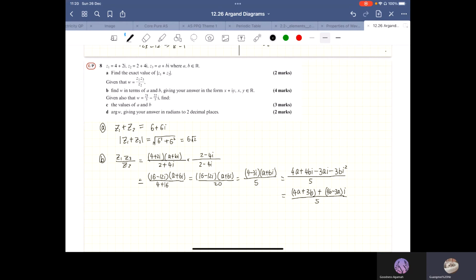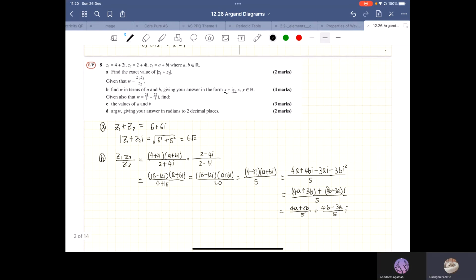And then we can separate these into two fractions, so 4a plus 3b over 5 plus 4b minus 3a over 5 i. That's it. We have presented our answer in the form of x plus iy.